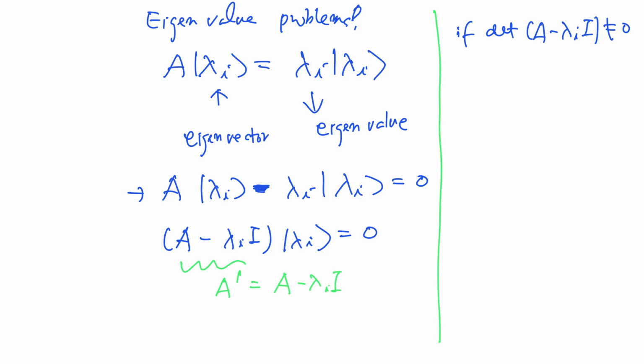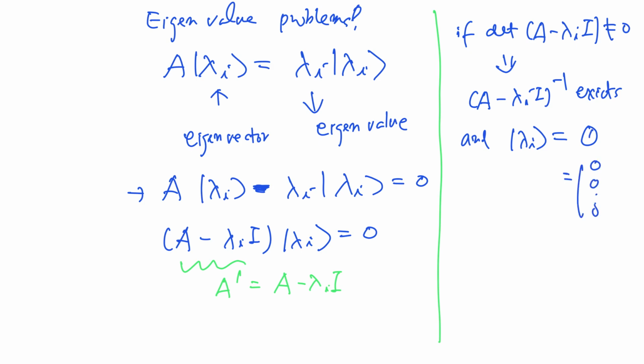The inverse exists, right? Then the inverse exists, and as a result, x is supposed to be all zero, which is called the null vector.